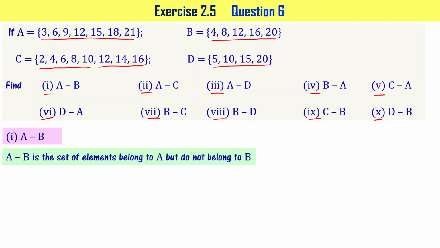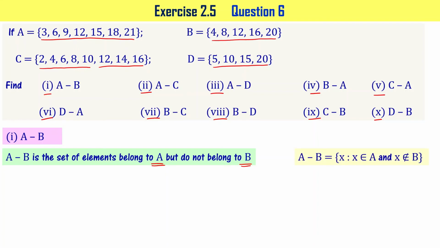A minus B is the set of elements that belong to A but do not belong to B, right? Meaning A minus B is a set containing elements of A that do not belong to B, right? Let's see that now.